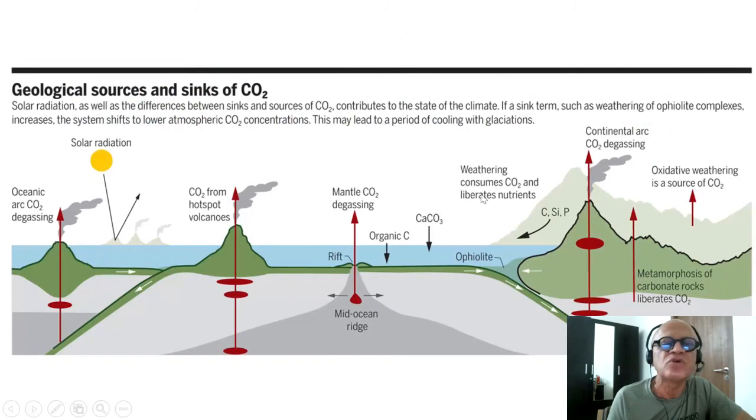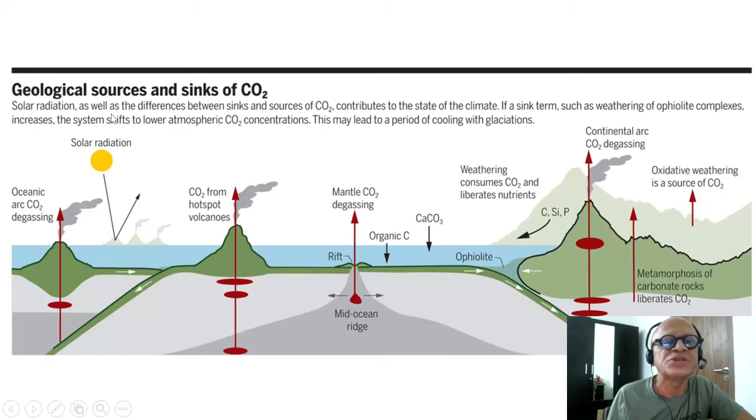Okay, so this is another way to look at it. This is from a Science paper. Somehow it got cut off. Geologic sources and sinks of CO2, so it's easier to look at. The oceanic arc CO2 degassing that we talked about happens because of these subduction processes, and there is CO2 from the hotspot volcanoes like Galapagos and the Hawaiian Islands, where the magma is coming out through the middle of the plate.